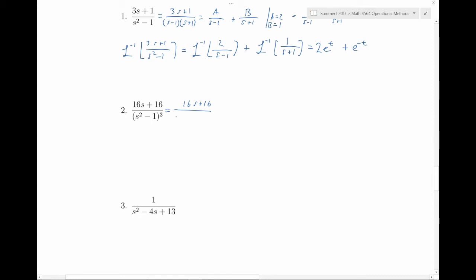We can write the denominator as s minus 1 cubed times s plus 1 cubed, which means that we're going to have three fractions for s minus 1 and three fractions for s plus 1.